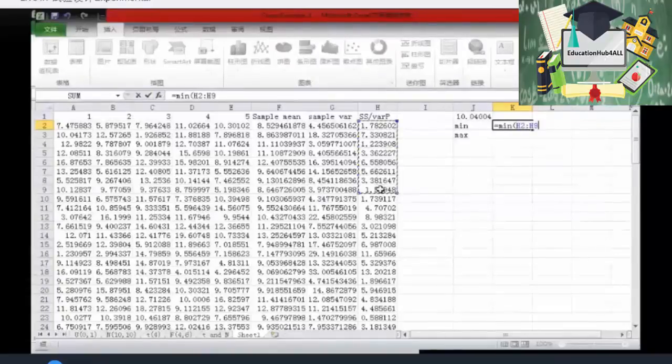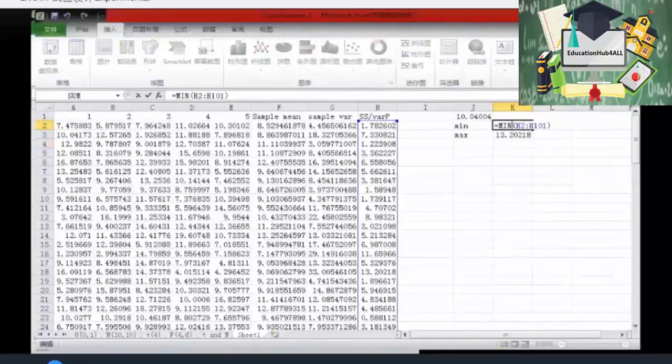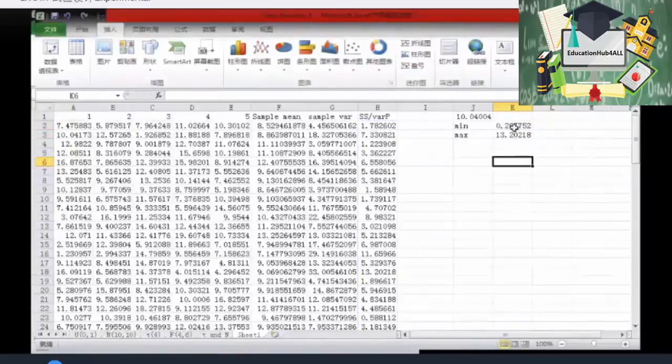We also find the maximum value. What value do you have? Okay, yeah, we should have a very similar value. The maximum on my computer is 13. You should also have something around 13.